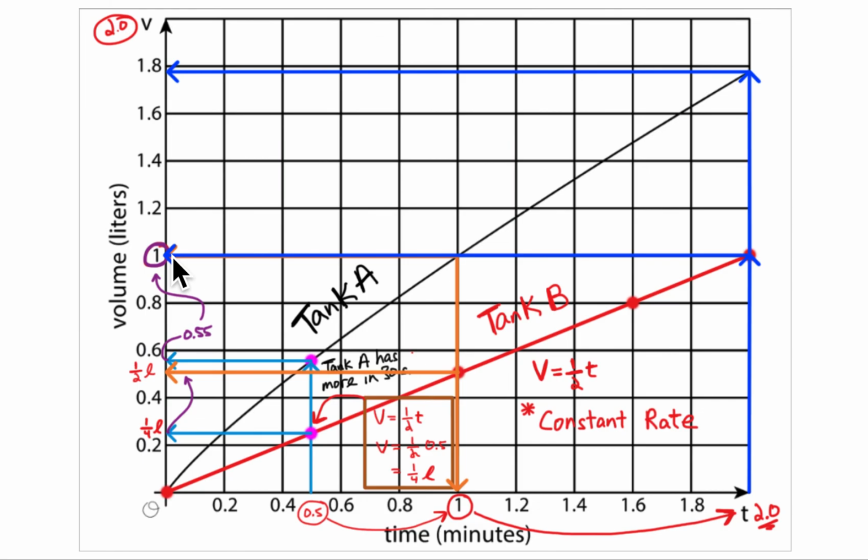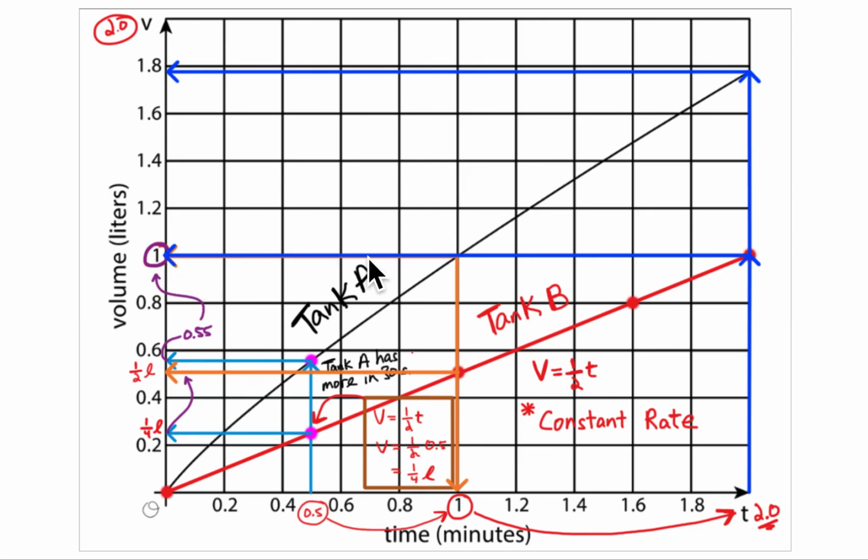So remember that tank B follows this equation of having 1/2 the units in liters as the time. So if the time is 2 minutes, the units in liters is going to be 1 liter. 1/2 of 2 is 1. So the volume for tank B is 1 liter.